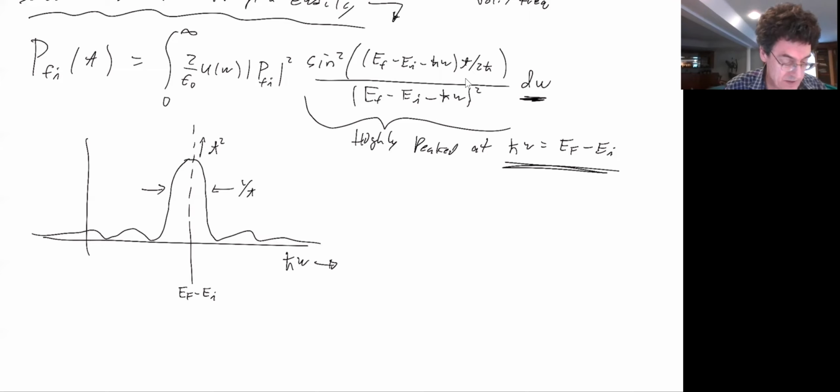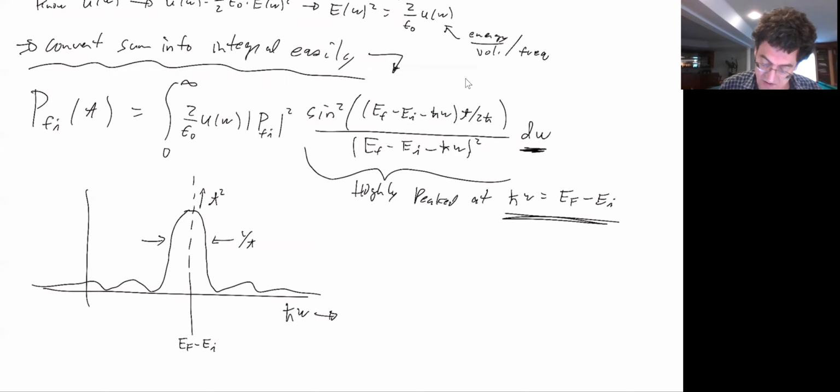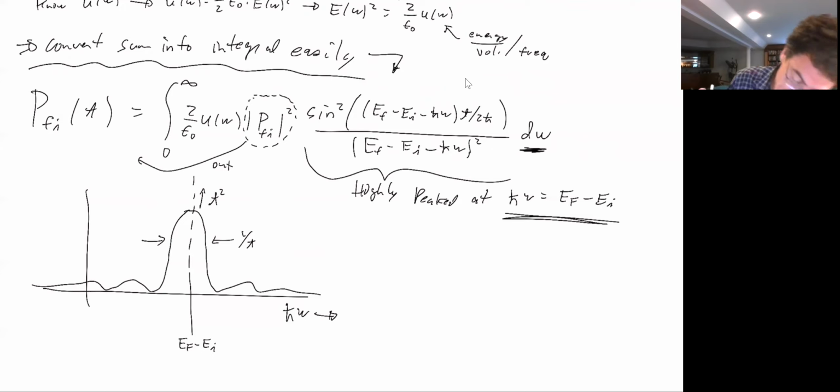And so what that means is that we can start bringing things out of the integral. We see that the dipole matrix element between the initial and the final state can come out of the integral, because it does not depend on frequency. But this does depend on frequency, U of omega, the spectral density. But we can bring that out of the integral also, because of this highly peaked nature of the integrand.